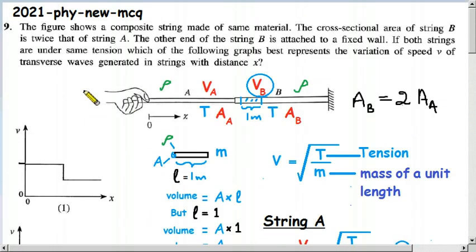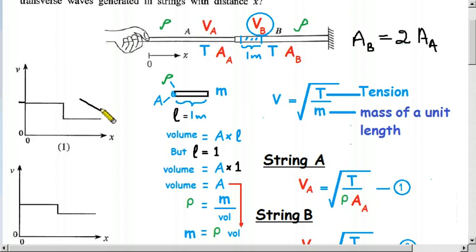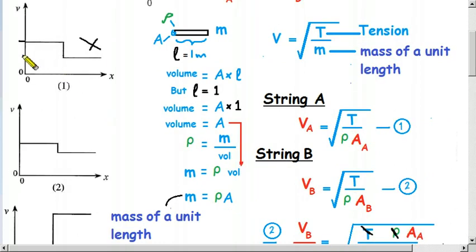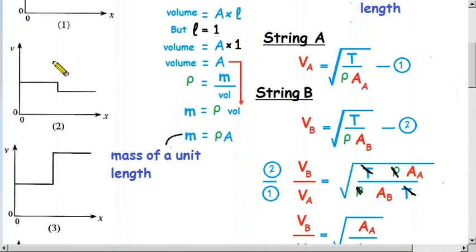So let us decide this one is wrong, because this value is 0.5 V, because this one is V here. This one is for A, this one is for B.